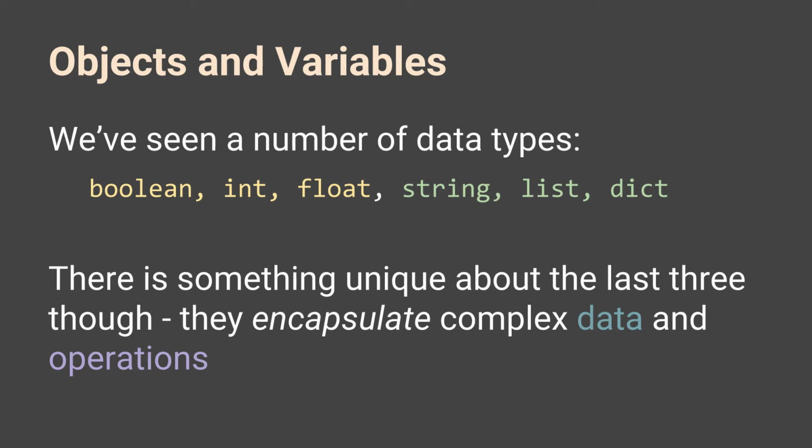List was the same way. We had append, we had operators like in to be able to search through the list. We can sort a list. All of that is again encapsulated within a particular piece of data whose type is list. The dictionary data structure is actually much more complicated than just a sequence. In fact, under the hood, and we'll see later on, it's actually a hash table.